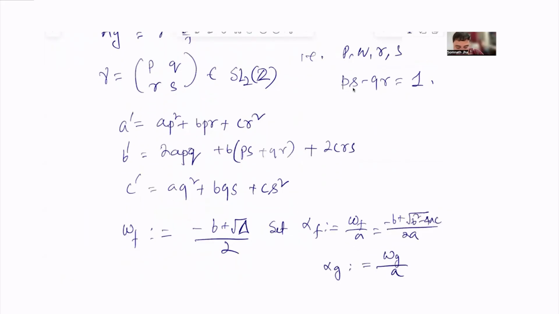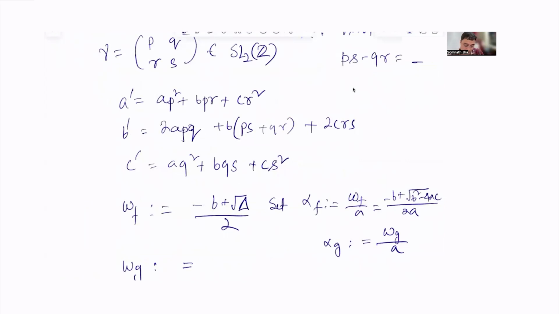Similarly, alpha G is omega G by A, where omega G is minus B prime plus root delta by 2. So delta F and delta G are the same, okay?